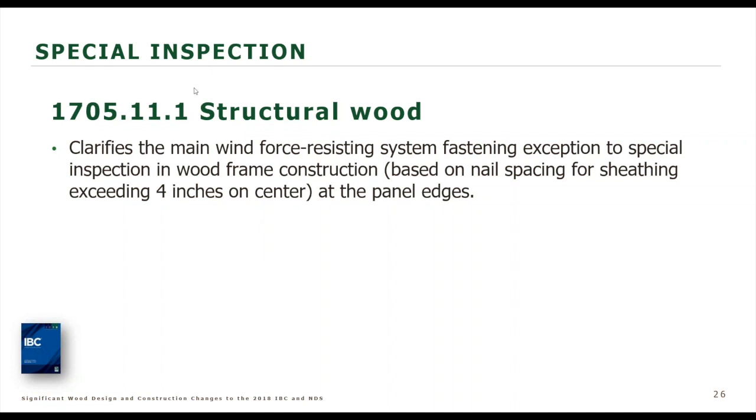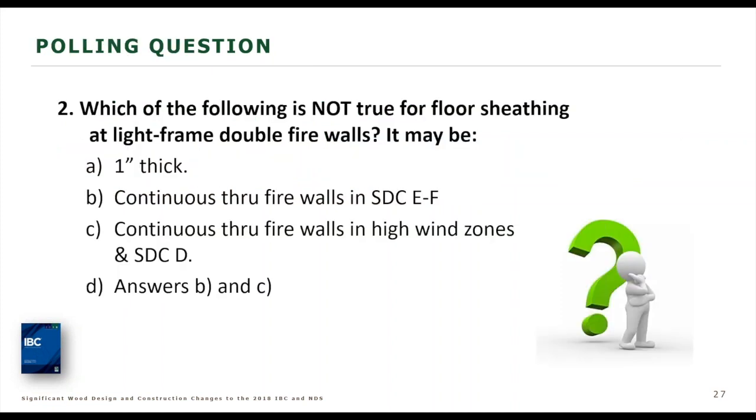That is for the wind section, and for whatever reason, that was not picked up for the seismic. AWC has submitted a change for the 2021 code that was approved, but know that the intent is that the exception to that rule was meant for both wind and seismic.